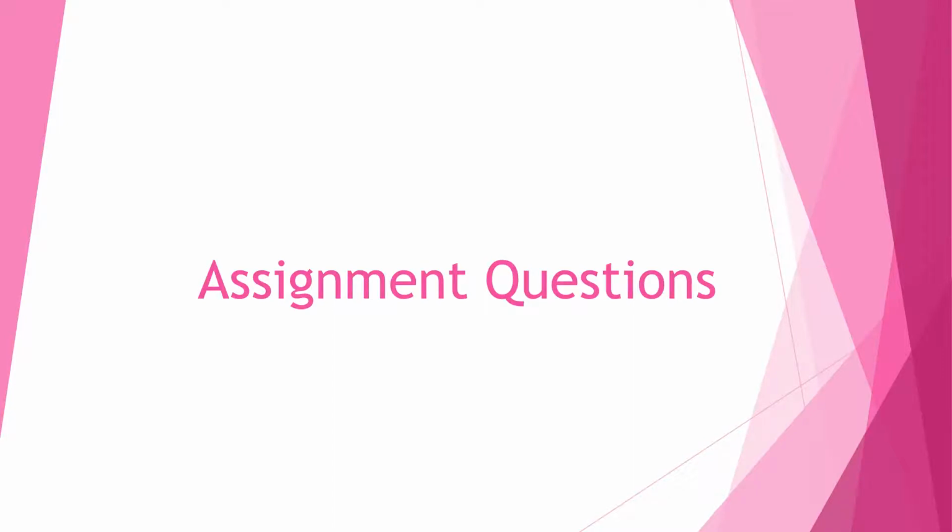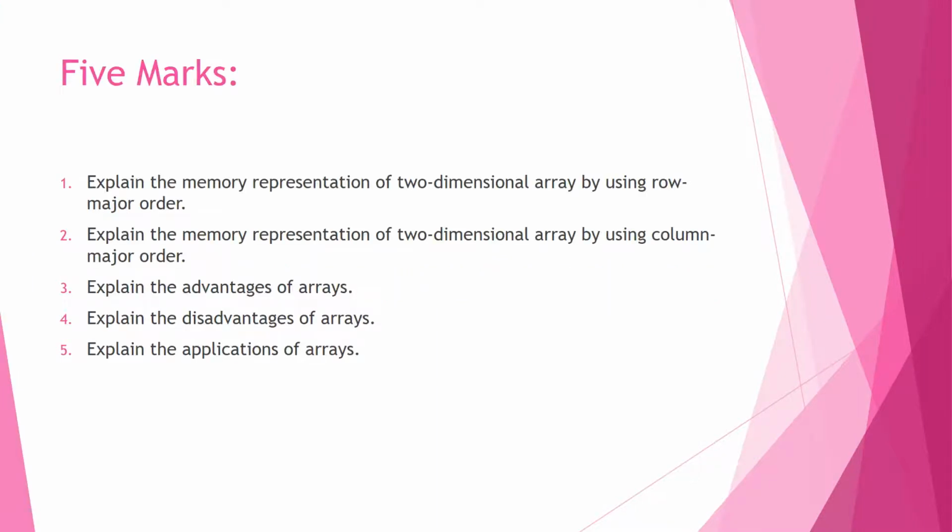Let us see what the questions are for today's session. For the topics covered today, we don't have any 1 mark, 2 mark or 3 mark questions. Here we have concentrated on 5 mark questions. The first question: explain the memory representation of two-dimensional arrays by using row major order.